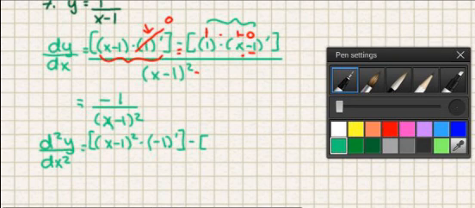minus your numerator multiplied by the derivative of your denominator. So I'm going to put this one in square brackets because of that exponent 2.